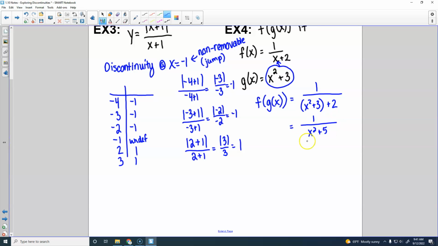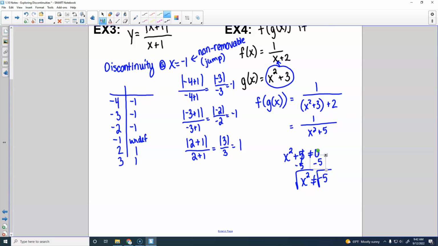So I know this denominator cannot equal 0, right? Does x squared plus 5 factor? It will not factor, not with real numbers anyway. So I can try it this way. X squared plus 5 cannot equal 0. And I could try solving it, but I'd have to subtract 5 from both sides. So I'll get x squared cannot equal -5. And I'll square root both sides.